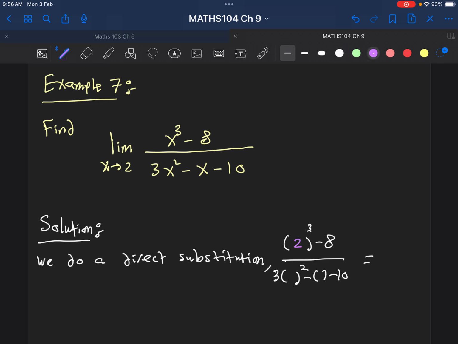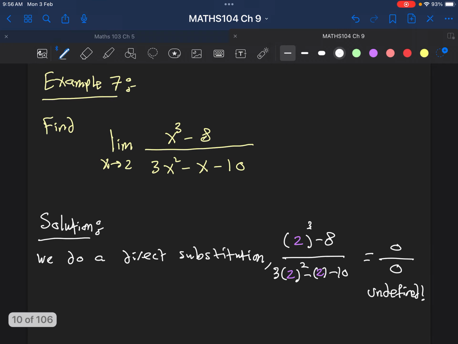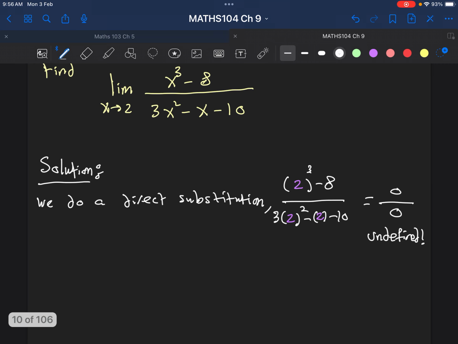So I have 2, 2, 2. Now, if we do that, what we will end up with is 0/0, and this is definitely undefined. So there's nothing here we can just do about it. It's 0/0. Thus, we need to factor something.